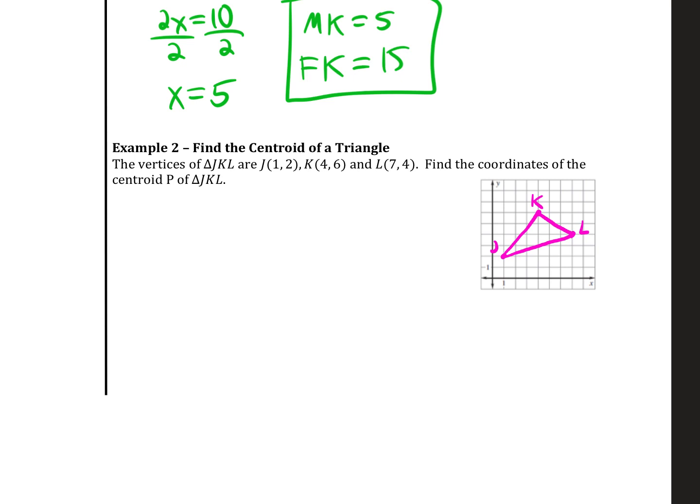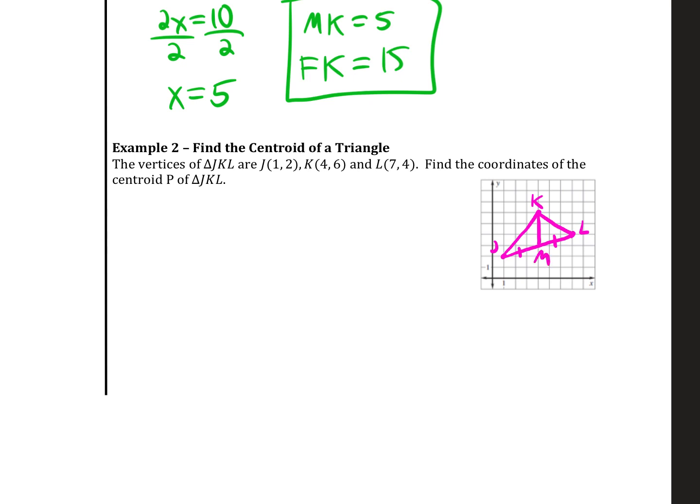So, remember, the centroid is dealing with medians. We're going to do a median here. Probably the best median is from K to the other side. You can see that's going to make these congruent, right? So if we're looking for the centroid, we got to put a dot somewhere on that line. Is it going to be up by K, or down toward the other side? Let's call this M here.